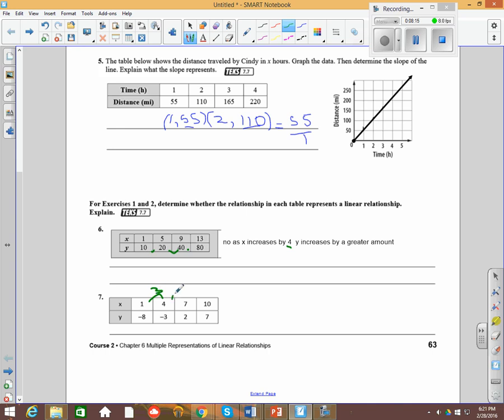So what's y doing? You see y is increasing by 5 each time. So this is a constant rate of change. It's constant. So this one is yes.